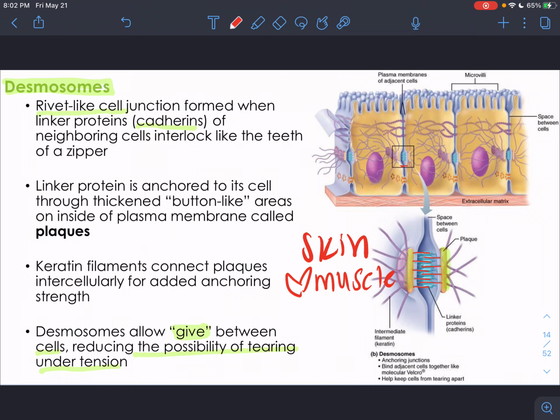You can pull on your skin, your heart muscle pumps, fills with blood, pumps the blood out. So there's a lot of movement and stress on those cells. And we don't want just tight junctions that can't move at all. So these desmosomes still allow the cells to stay together, but allow them to move and get pushed around without just tearing apart.